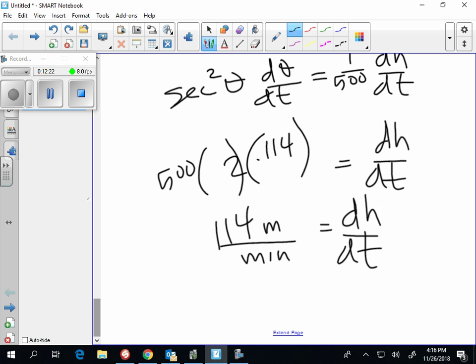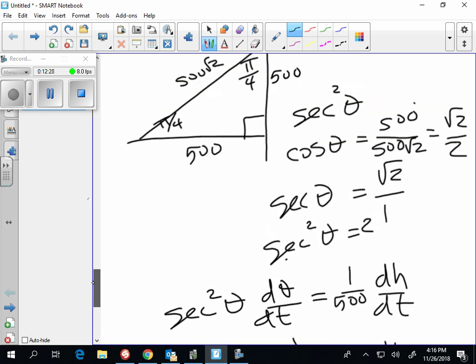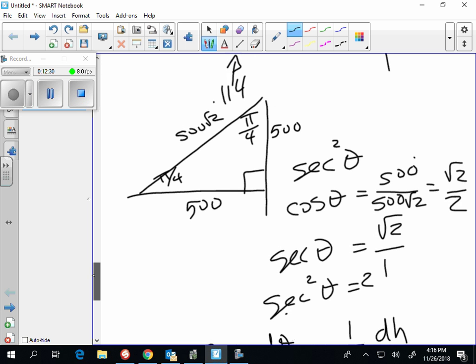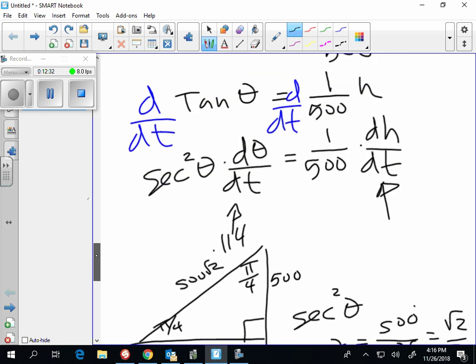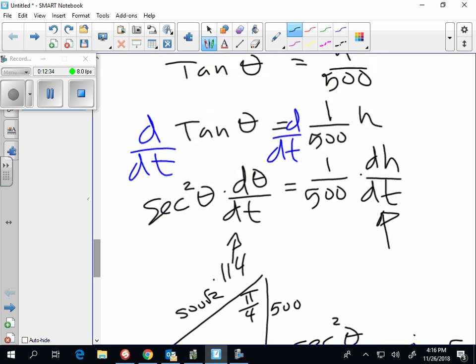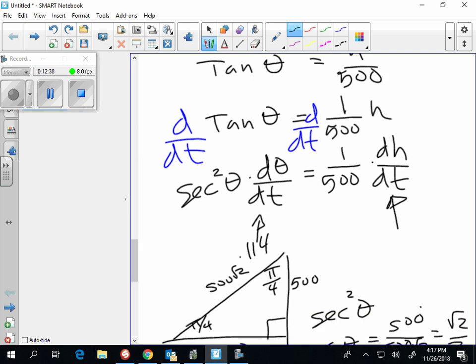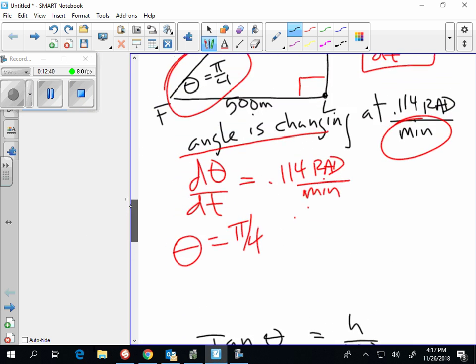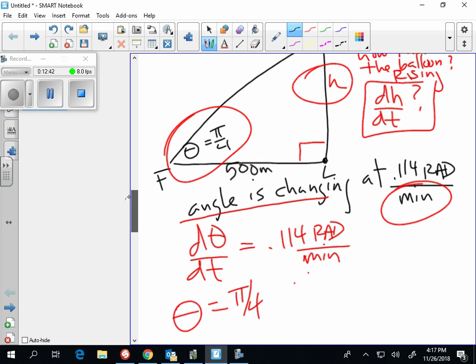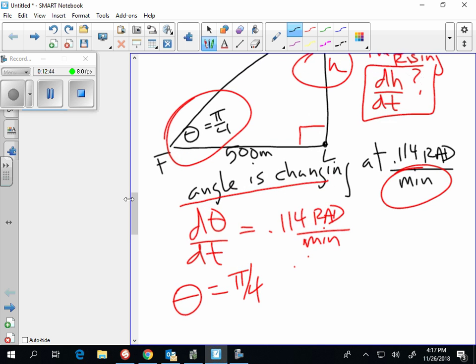We had to come up with an equation to relate these things. And that was our tangent equation. What told me to use tangent? Well, when I thought about what I had and what I was looking for, I wanted to know dh/dt. They gave me dθ/dt.